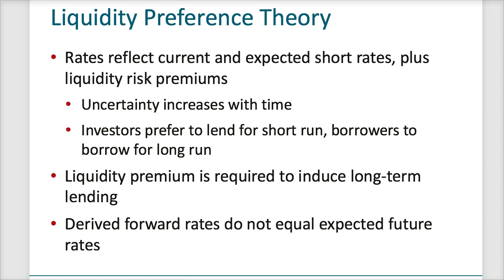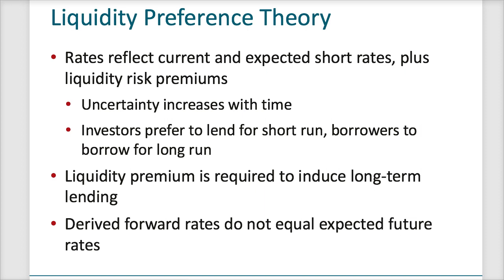With the uncertainty around the increase in time, especially on the longer end, the 30-year end, investors generally are going to prefer a shorter run bond at a lower interest rate because of the lower risk. So if investors prefer to borrow in the longer run, it's in order to gain additional interest, and they're giving up some liquidity to obtain that.